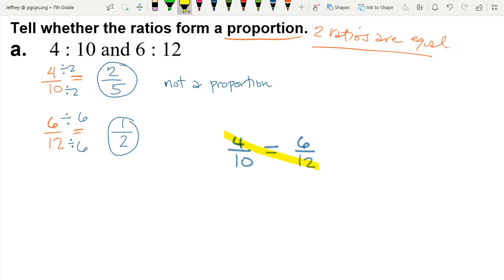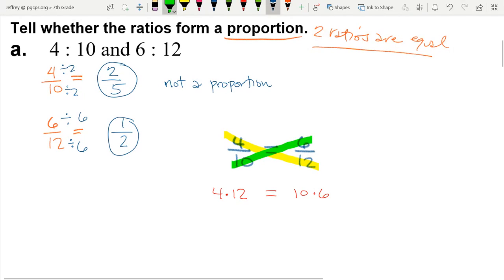So 4 times 12, let me write that out. 4 times 12 is equal to, and the other one will be 10 times 6. Let me highlight that for you. If we multiply these two, what is 4 times 12? That's going to give us 48 is equal to, what is 10 times 6? That's going to give us 60.